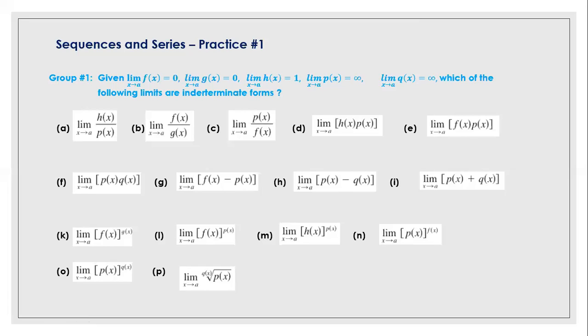After each one, we will know, for example for part C, whether this is the indeterminate or determinate form. And if it's a determinate form, then we'll be able to find the limits without using L'Hopital's rule. So this is our practice number one.